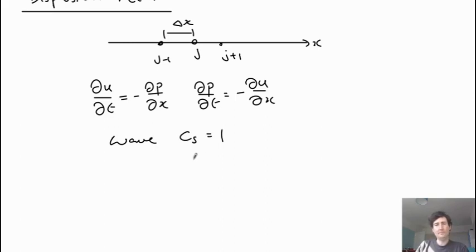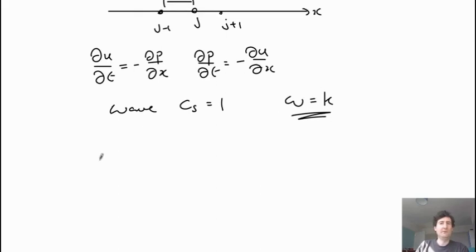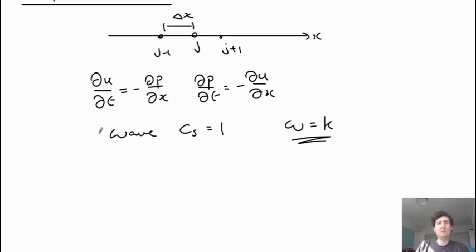So we should find that basically omega is equal to k, which should be the equation or the dispersion relation. And of course, when you solve this numerically, we'll find a different dispersion relation, but we'll see. So we're just going to try central differencing.